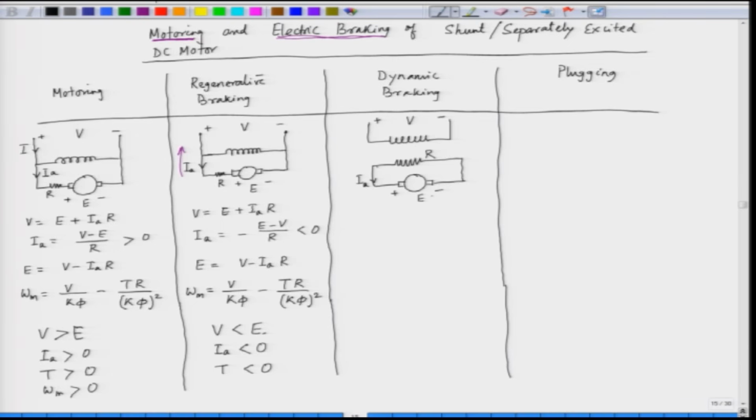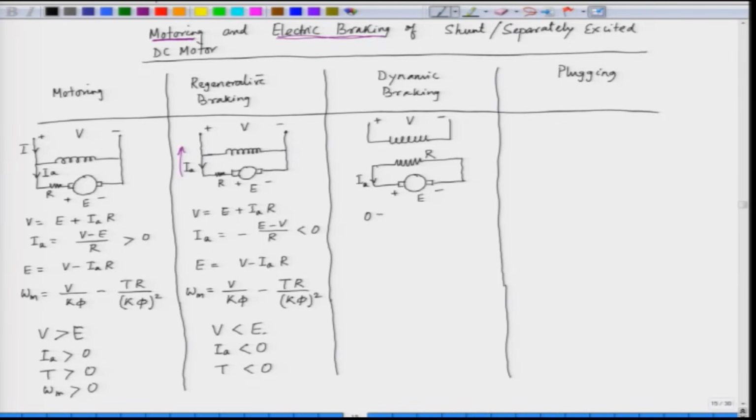So, when we have dynamic braking, the supply is removed from the armature, and the armature is thrown to a resistance, that is, the effective resistance is R. Now, here 0 is equal to, the applied voltage is 0, is E plus I A R. Now, what is I A? I A is minus E by R. So, current is negative.